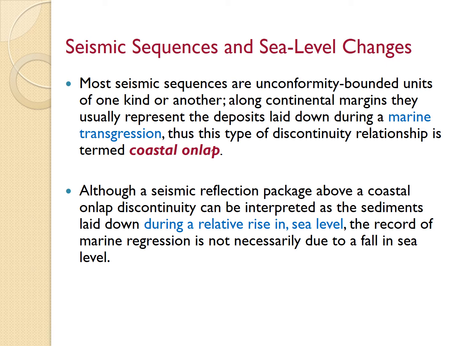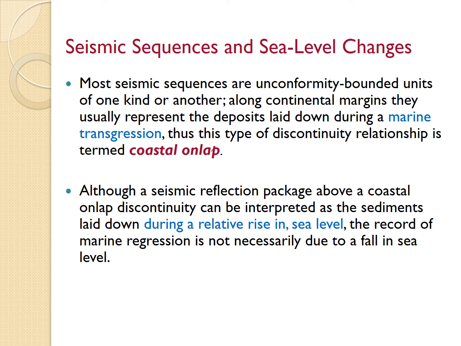Okay, so what? They represent deposits laid down during the marine transgression. Yes, so this is one of the features of sea level changes. Thus, this type of discontinuity relationship, we call it coastal onlap. And we have studied before onlap and downlap and those terminologies.